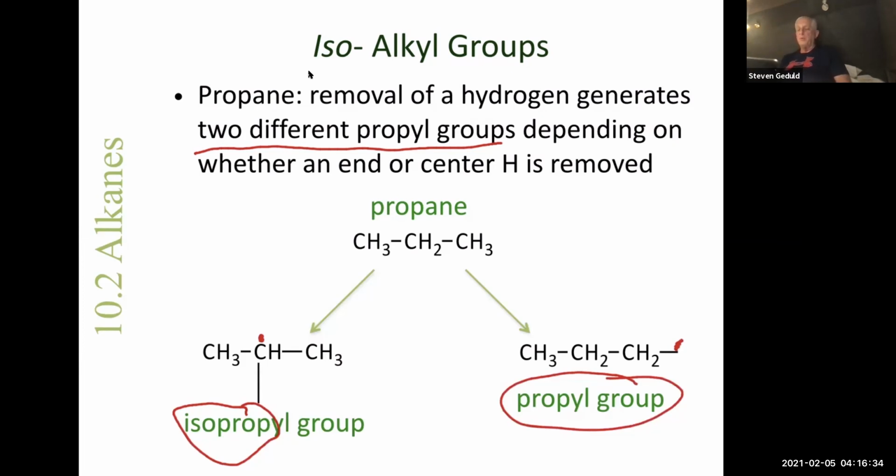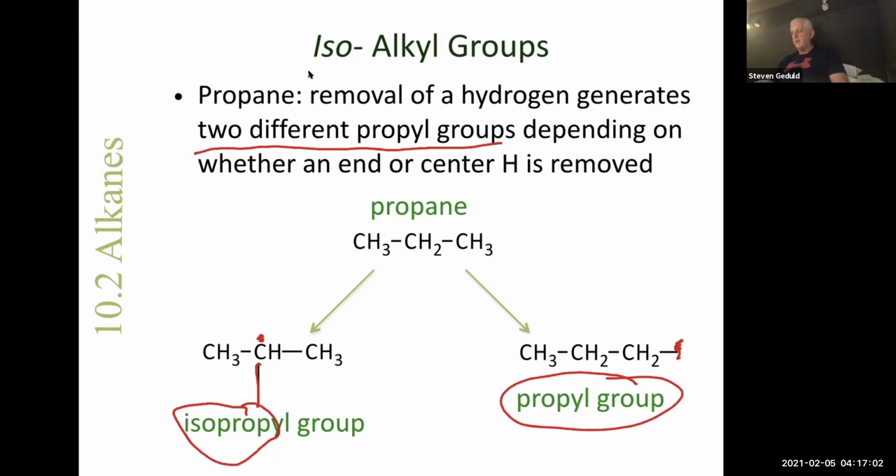So we can have propyl or we can have isopropyl. Everybody see the difference? Propyl group, we're taking the hydrogen off from the end and attaching. Isopropyl, we're taking the hydrogen off from the center and attaching it. So it's going to be an isomer. It will be different depending if we use the isopropyl or the propyl group. Everybody see the difference?